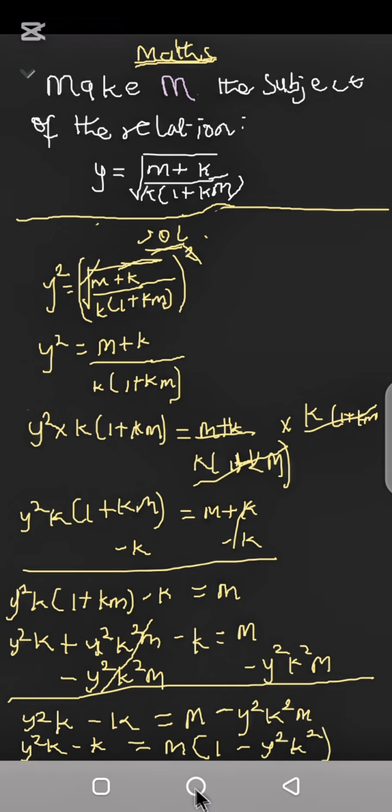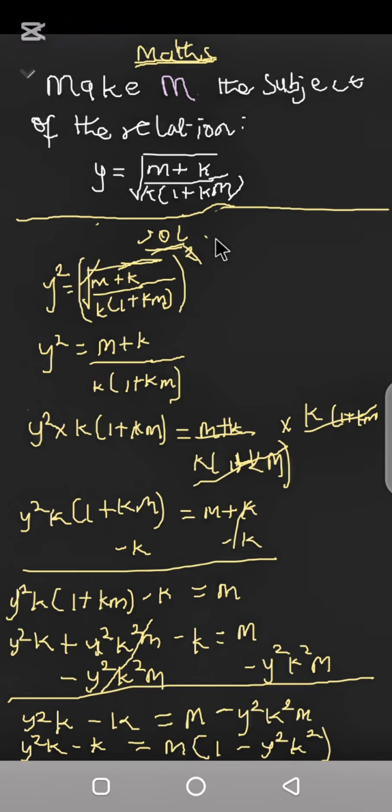So you can see what is happening here. Our m is almost free, but a little more push will make m free. As it stands now, m is multiplying what is in this bracket. So to make m free, we have to introduce the reverse operation, and the reverse operation is a division operation. You can see m times is multiplication. So to take it to the other side is going to be division.